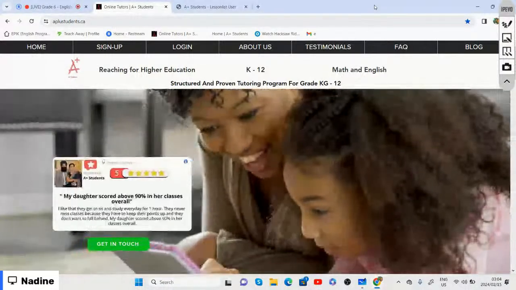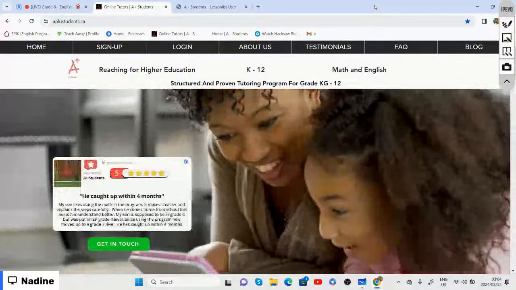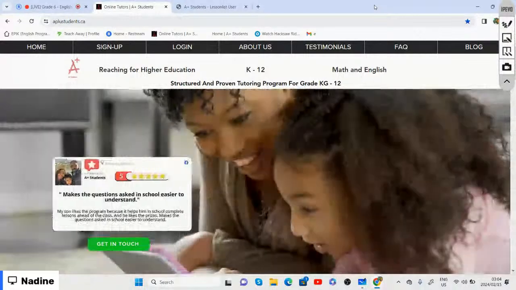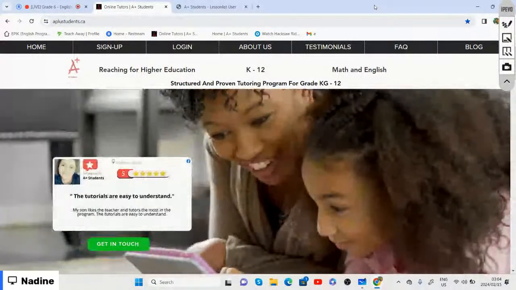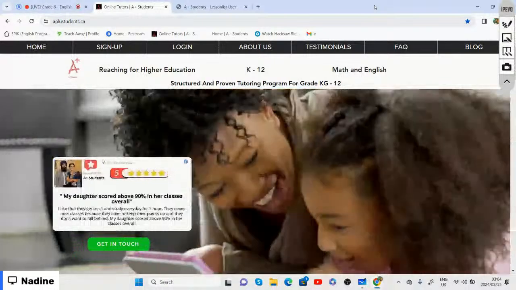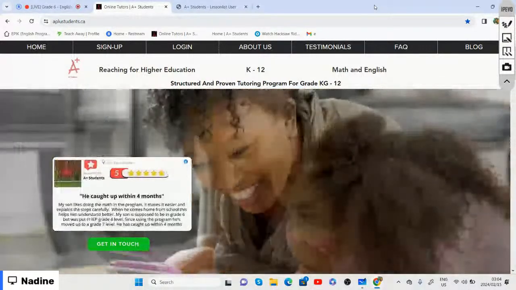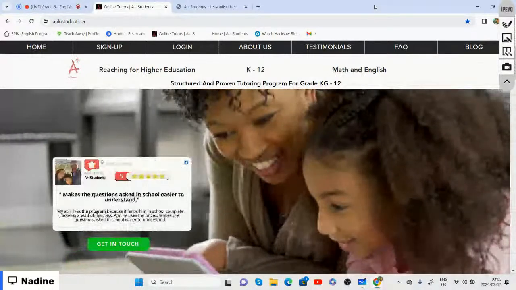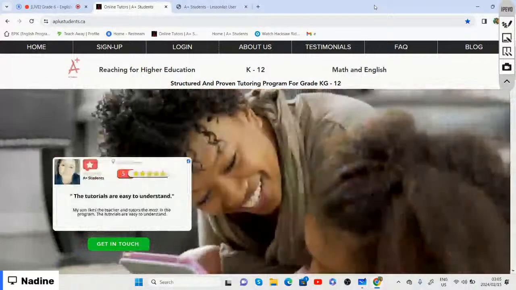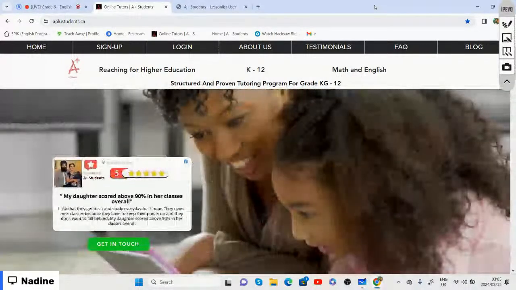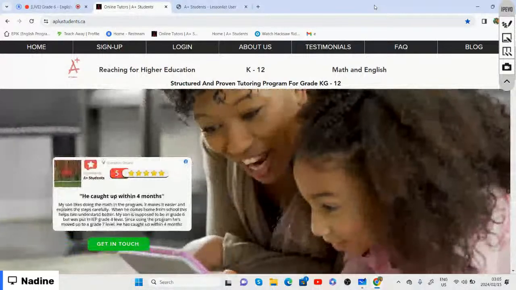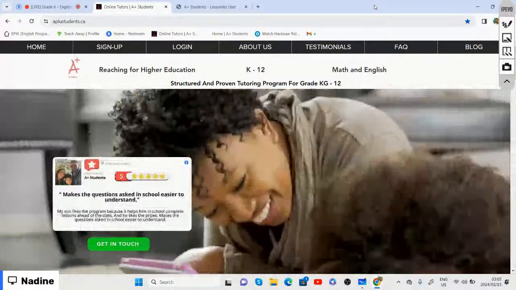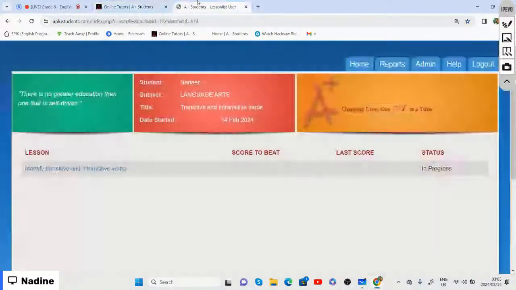Once you've logged on to aplusstudents.ca with our username as well as our password, we're going to select the subject of language arts, grade 6, and then scroll down until we get to the chapter of transitive and intransitive verbs.